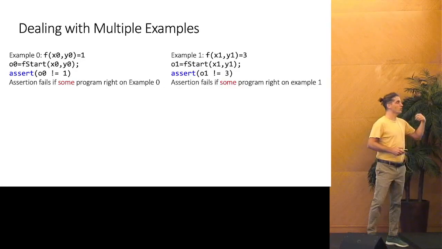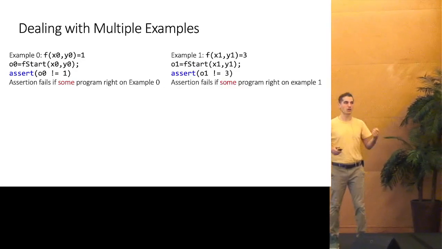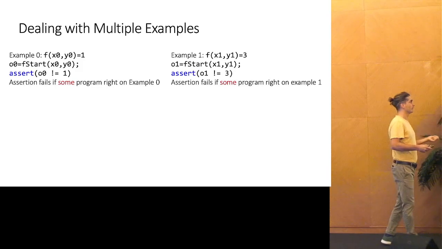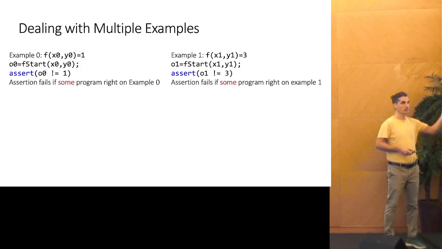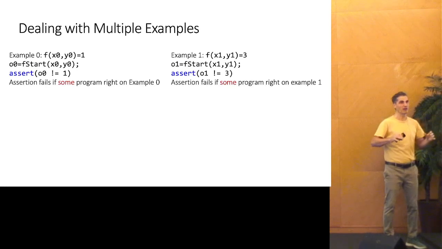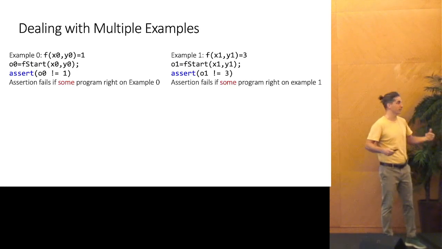If I create a new problem with a different example, the assertion will fail if there exists a program that outputs 3 on those examples. But these two problems together don't mean that there exists a program that is correct on both examples, if both assertions fail.